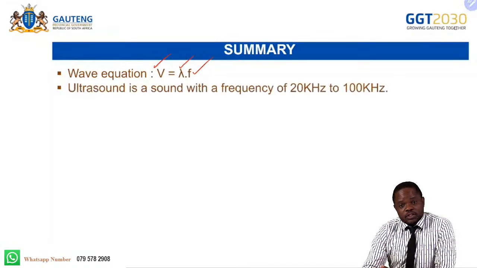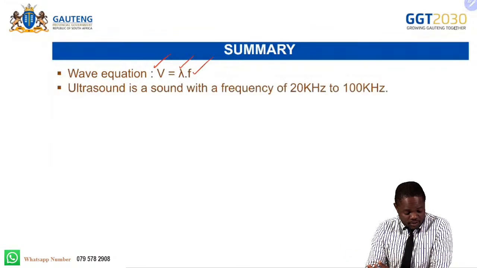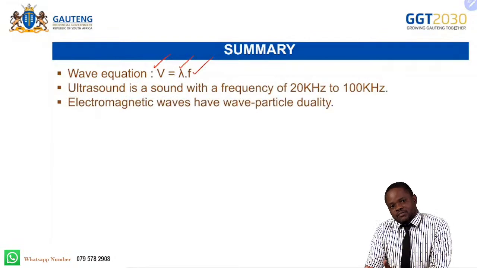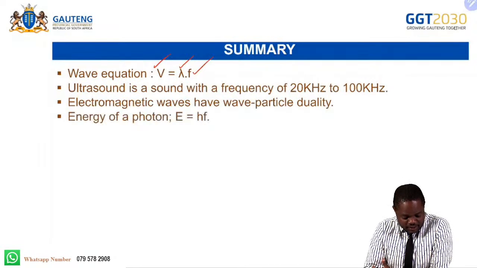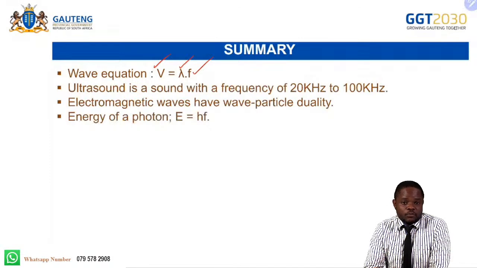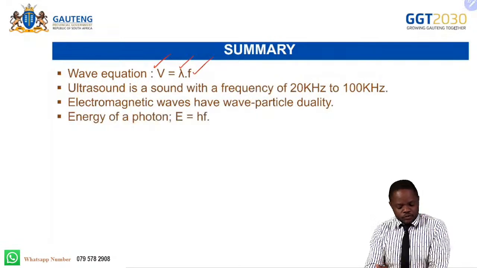We also looked at ultrasound, which is a sound wave between 20 kilohertz and 100 kilohertz. We also learned about electromagnetic waves, that they have a wave-particle duality. We also mentioned that the energy of a photon is equal to h, standing for Planck's constant, times f, which is your frequency.